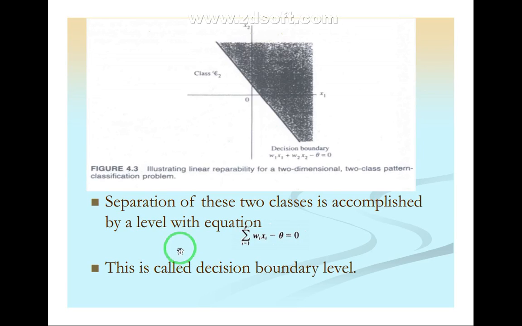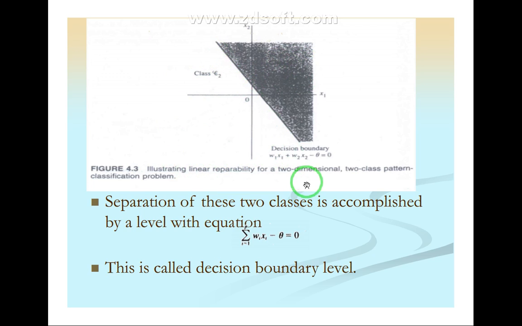With respect to this, you can see the illustration of a linearly separable two-dimensional, two-class pattern classification problem. You see we have the input signals which are in class 1, the dark area, and class 2 in the light area.